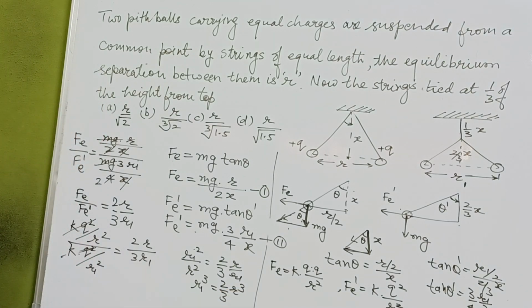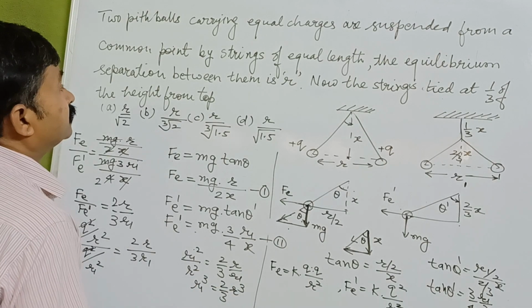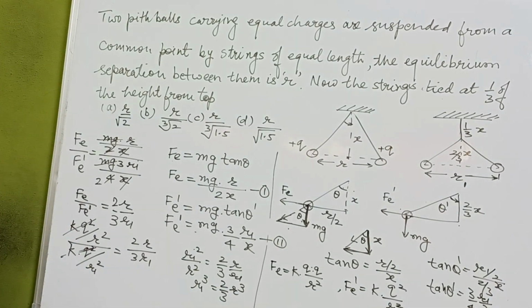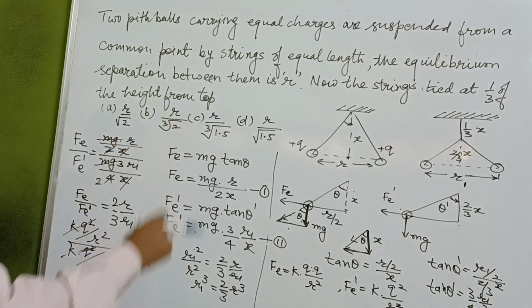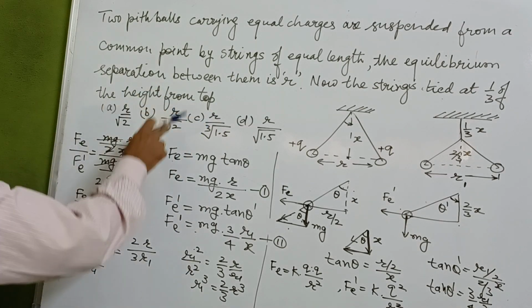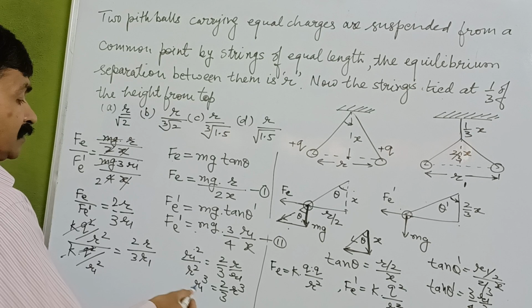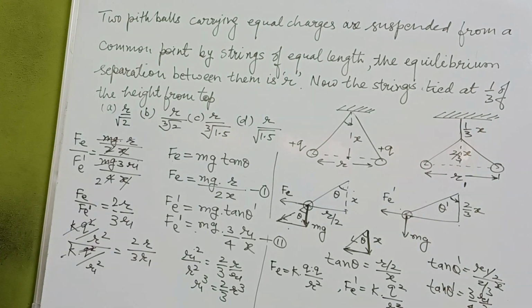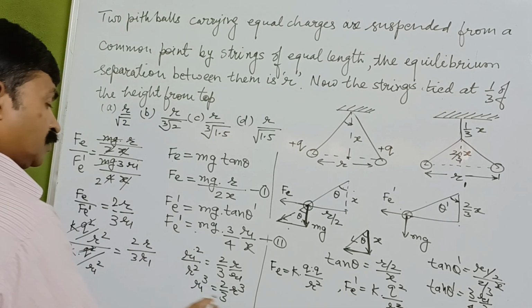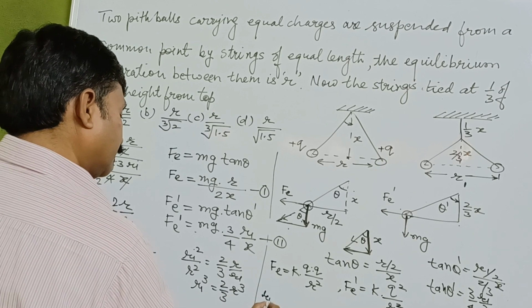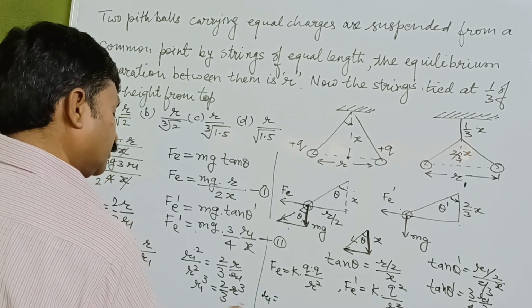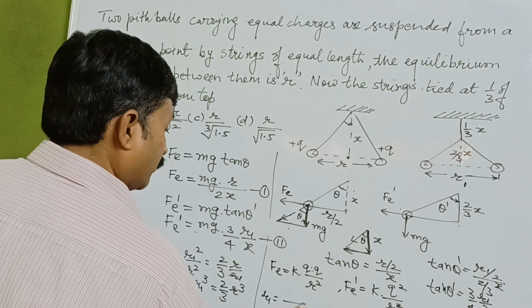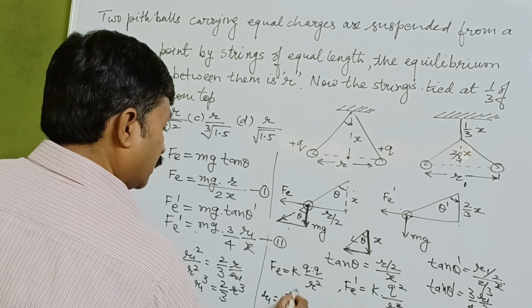Now the r which we have to determine, now the strings tied at 1/3 of the height from this. Now we have to determine this r1. So if we go through it, r1 cube will be equal to 3 upon 2, we can take it as 1.5, times r cube.